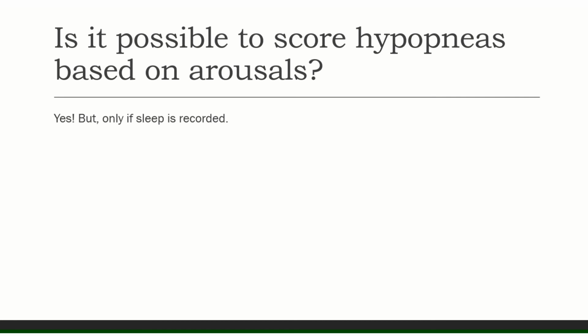It's a criteria, but if we don't have a 3% DSAT, then as long as the event was associated with an arousal, we can still score it as a hypopnea, as long as we still had our other criteria, which is at least 10-second duration, and 30% drop in peak signal.